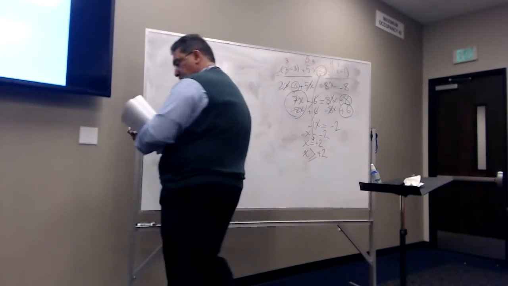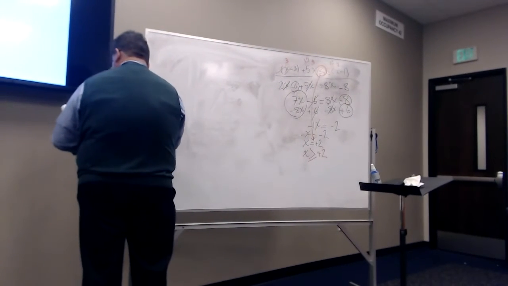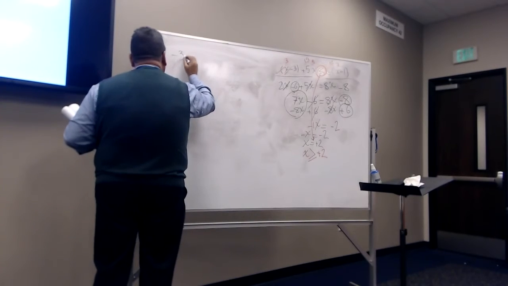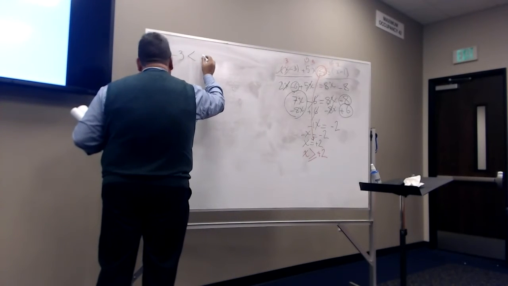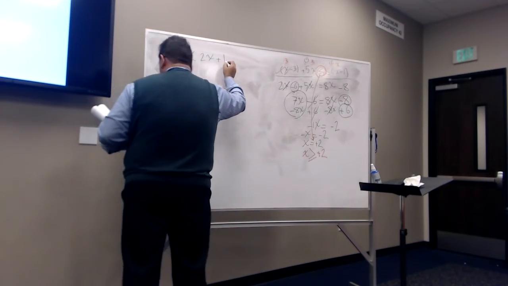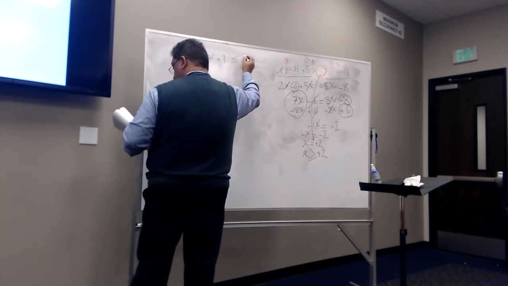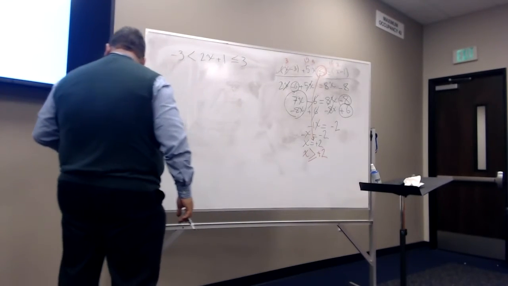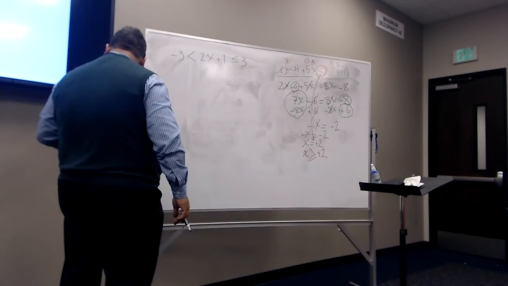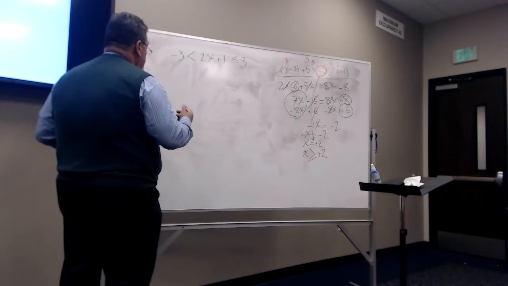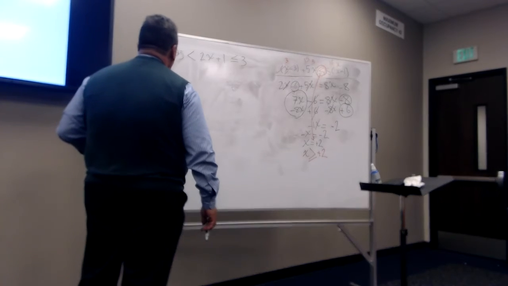Let's look at this one. Minus 3 less than 2x plus 1 less than or equal to positive 3. To solve this, there are a number of ways to do it. Let's just go by the example in the textbook so I don't confuse you.